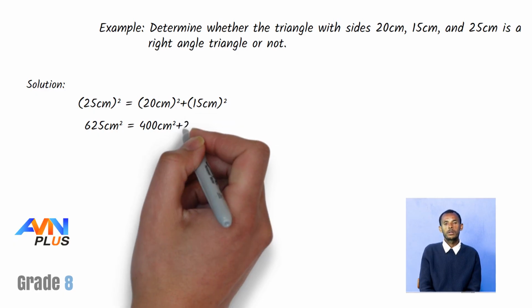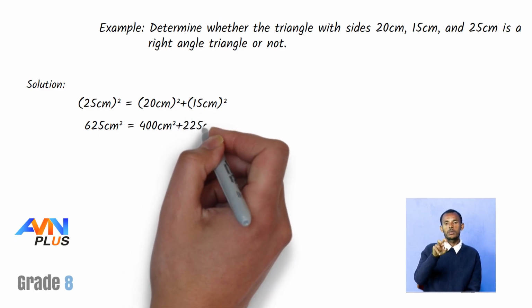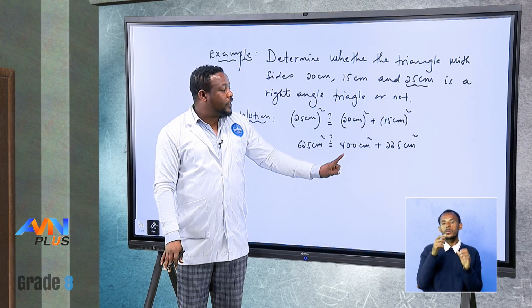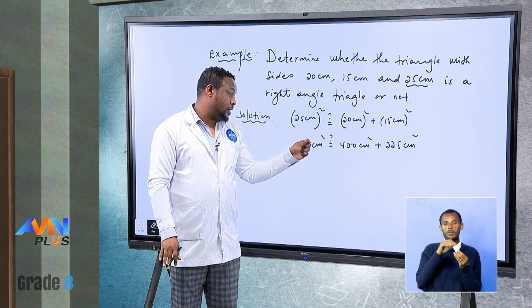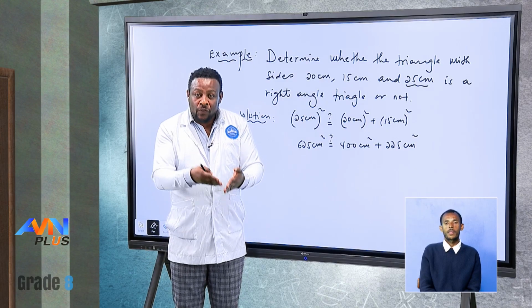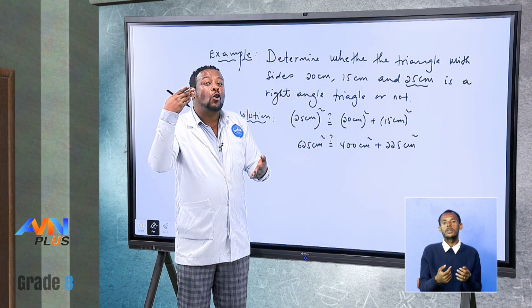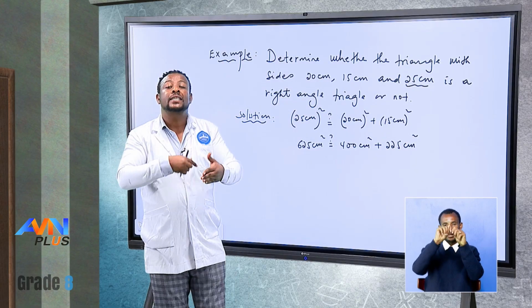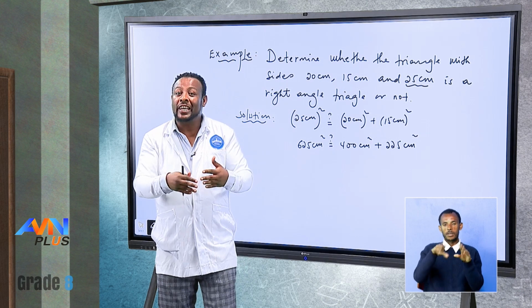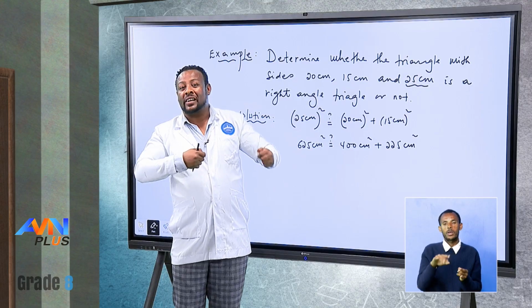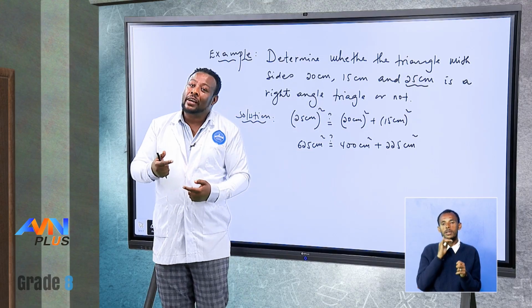So it's 225 centimeter square. Now you can see that the sum of these two is exactly 625 centimeter square. Therefore, our conclusion will be, the given triangle is right angle, right? So this way we can check whether the triangle is right angle or not.